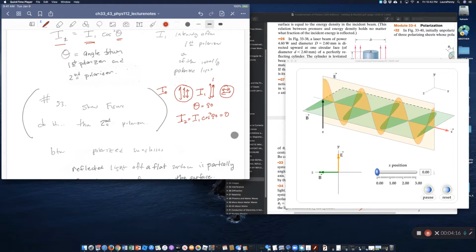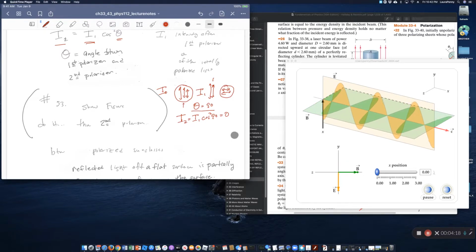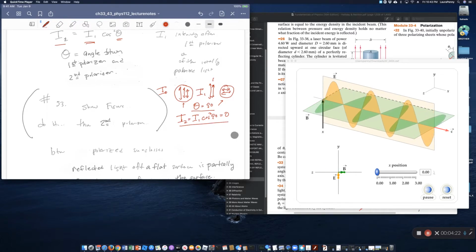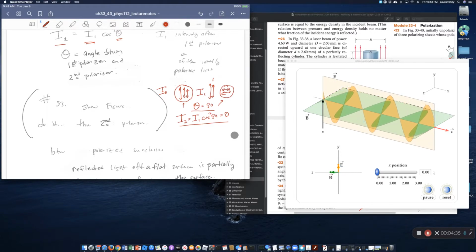In other words, this theta between the first polarizer and the second polarizer is 90. Well, then by the time you get out of the second polarizer, you'd have no light coming through, which is a good way to test, as somebody mentioned in class, to see if you actually have real polarized sunglasses or not. Take two pairs and cross them at 90 degrees.